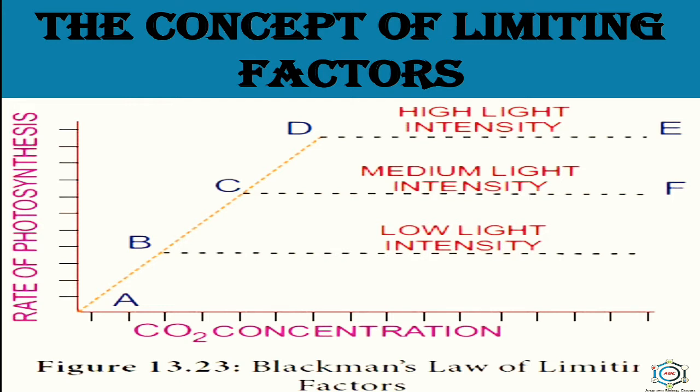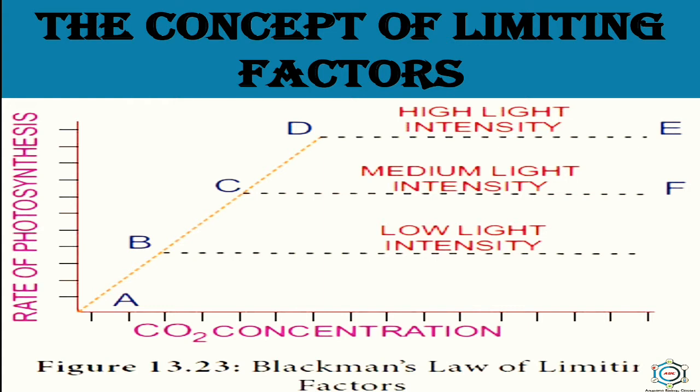The medium light intensity again becomes limiting at point C, and any addition of carbon dioxide will not raise the photosynthetic rate. The rate becomes constant along the line CF.